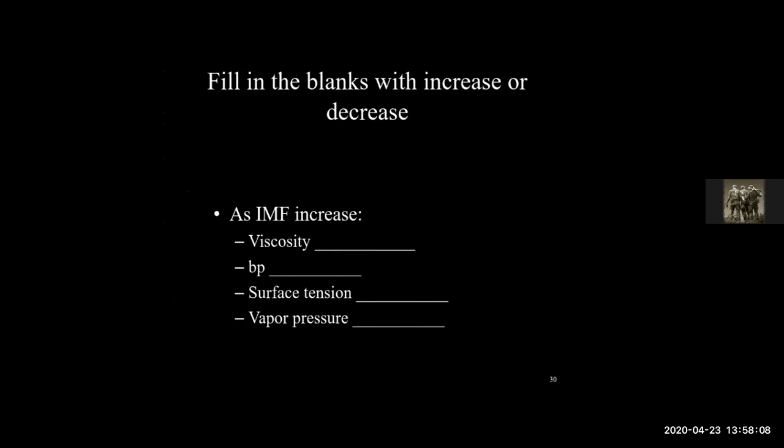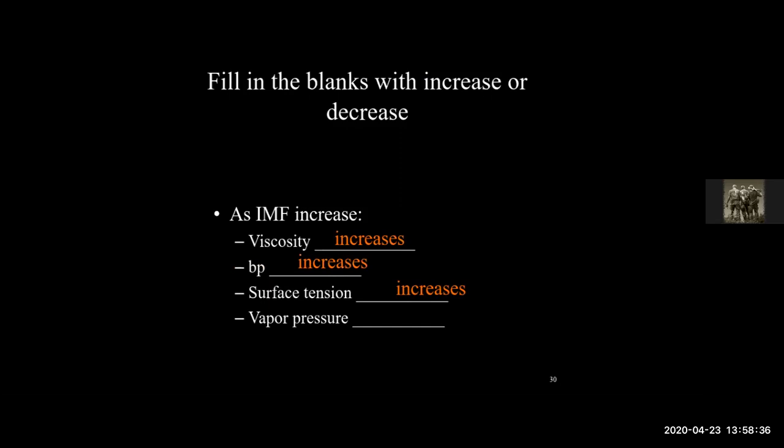Okay, so filling in the blanks. If we increase the IMF, viscosity goes up. If we increase IMF, the boiling point goes up and the surface tension goes up. By increasing the IMF, we increase the interactions between the molecules.